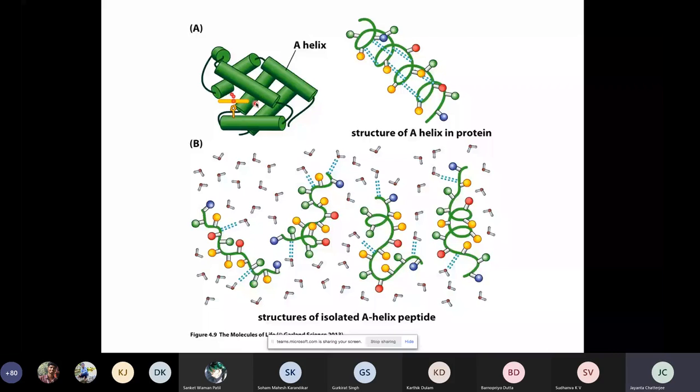Now, if you do not form a hydrophobic core where the water is excluded, then you may not have the equilibrium shifting towards the folded state. Then it will be hovering back and forth between the folded and the unfolded state.